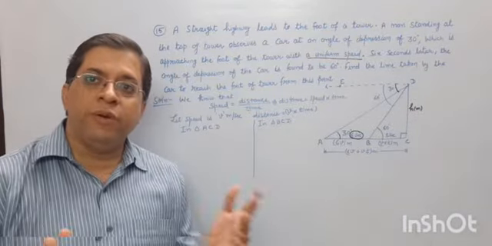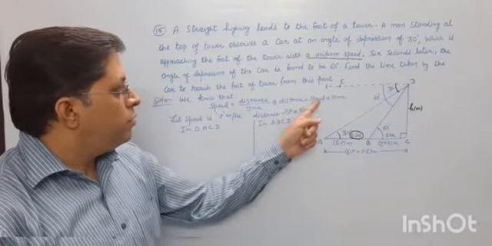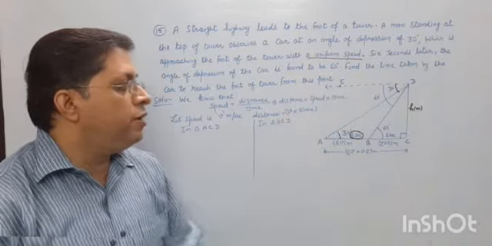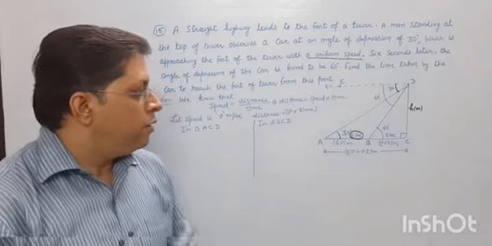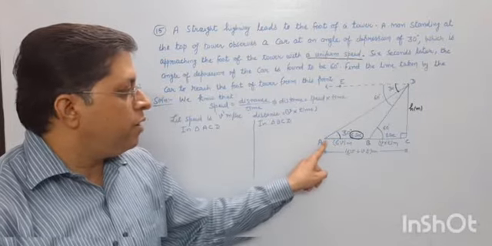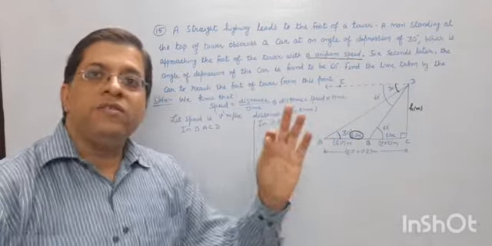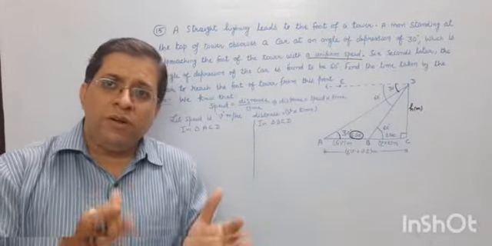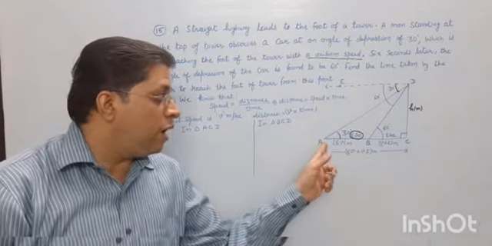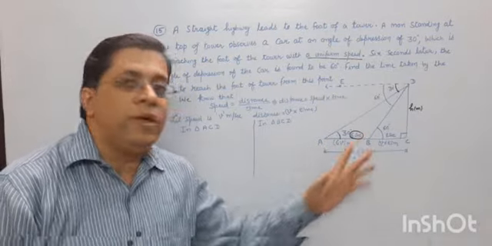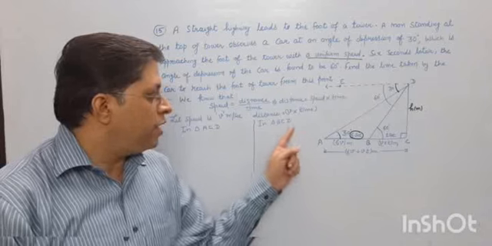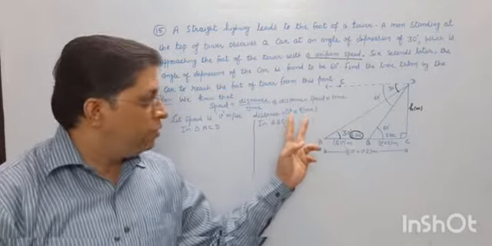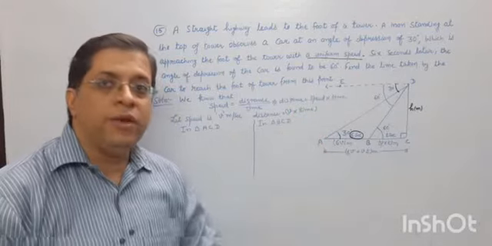Let's say that uniform speed is V. Speed is V, time is T. I can say distance is equal to V into T. The car is moving from A to B in 6 seconds. Now one question: how much distance does this car travel from A to B? Time taken is 6 seconds, speed is V, so the distance will be 6V meters.